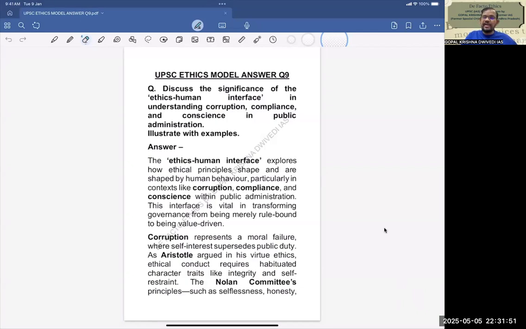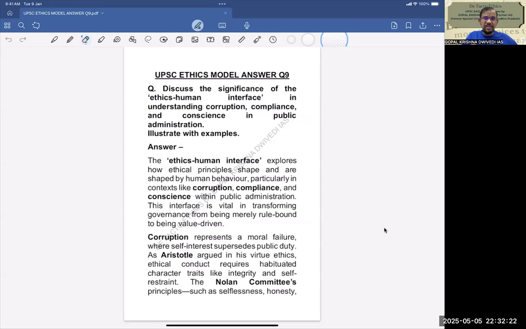We have to understand what is meant by this topic, how it is related with corruption, compliance, and conscience in public administration, then quote some references, some philosophers, some examples, and finally conclude the answer. We have to write this in 150 words because all theoretical questions in the GS4 paper are 150 words questions.